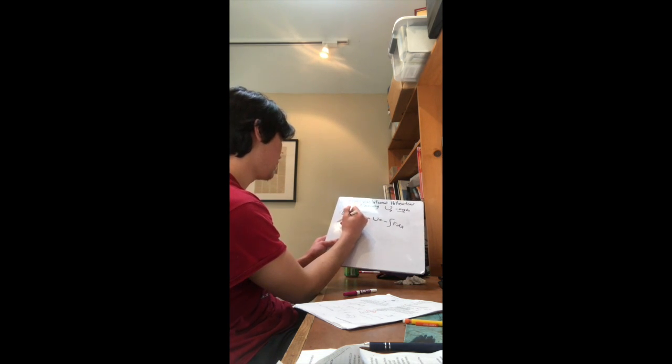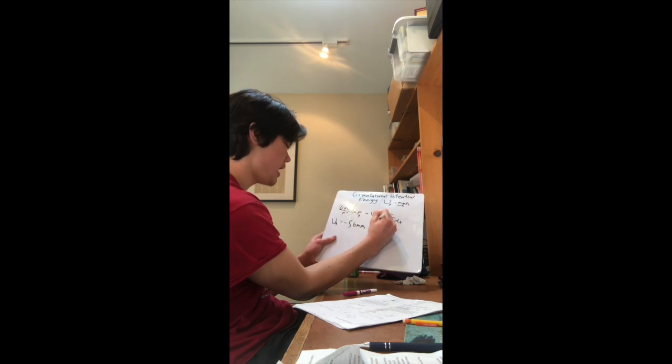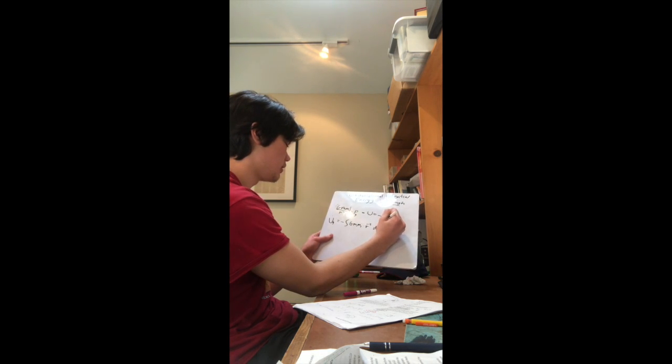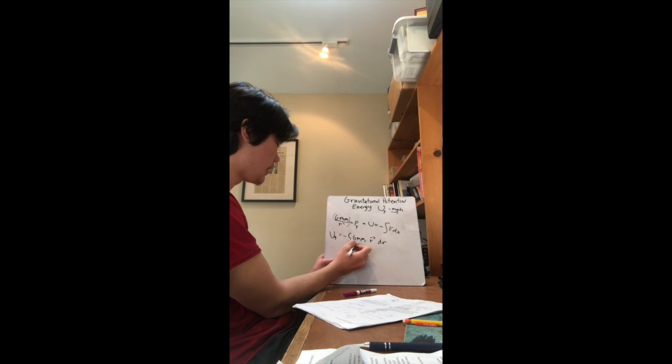We can write U_G equals negative integral of G m1 m2 times r to the negative 2. And this is dx, but it's really the same thing as dr. Now, this is a constant that can go out.